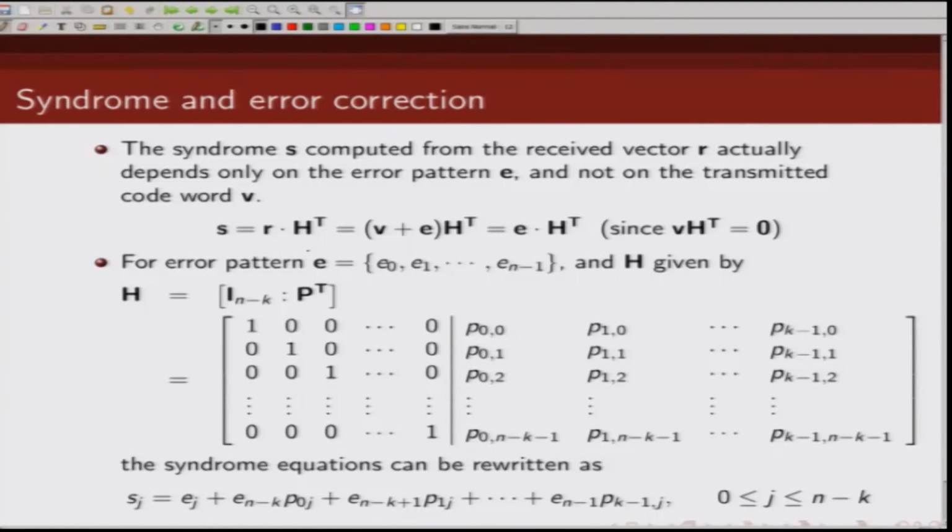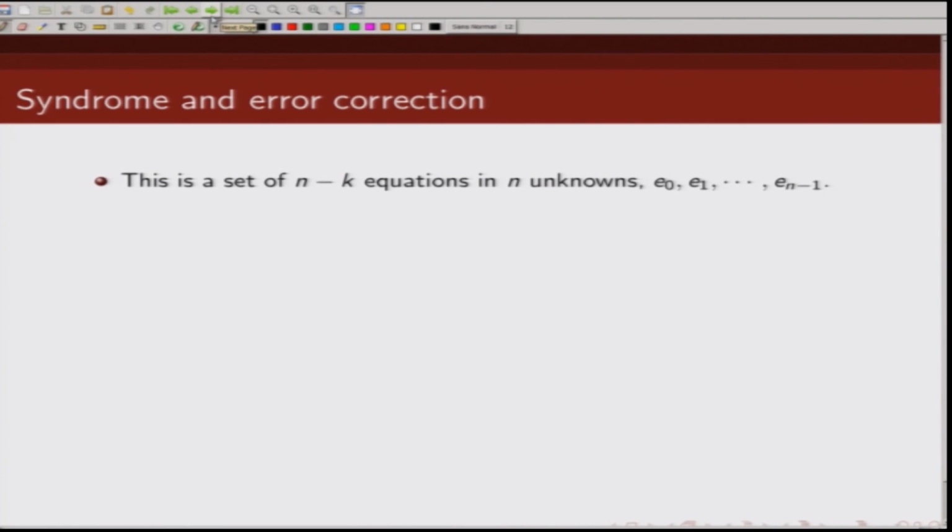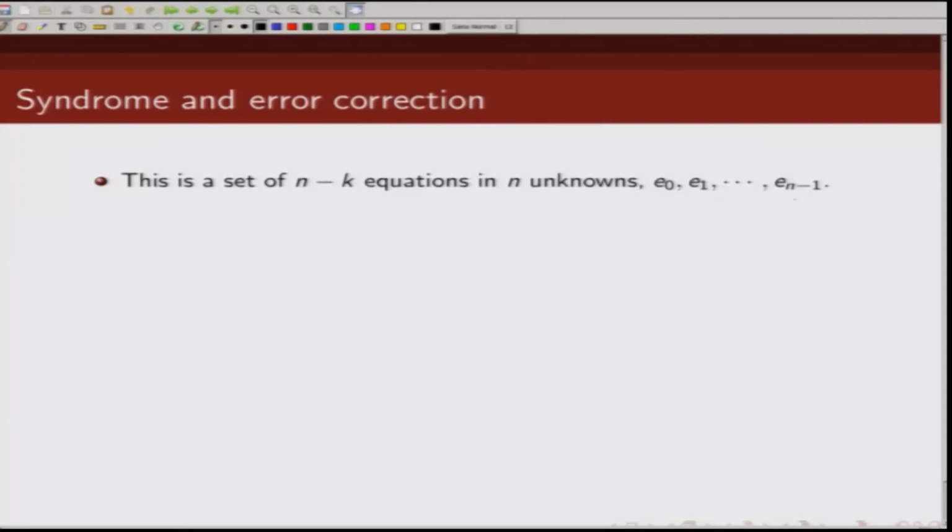So, we essentially had n minus k syndrome equations. So, we had a total of n minus k equations, and how many unknowns do we have? We have n unknowns, from the error at location 1 to the error at location n. So, we have n unknowns E0, E1, E2, up to En minus 1, whereas we have only n minus k equations.